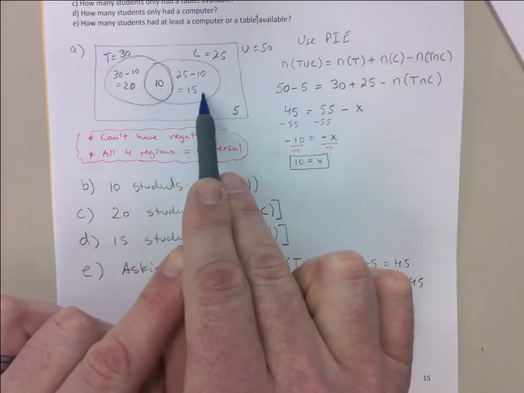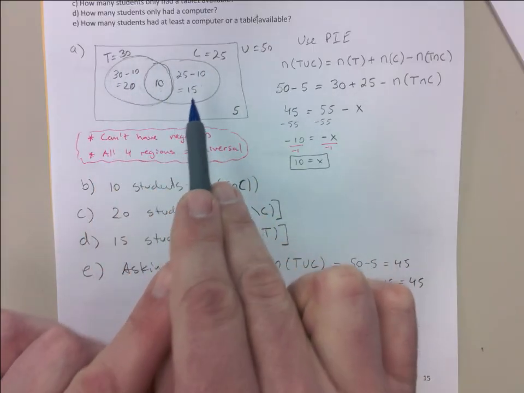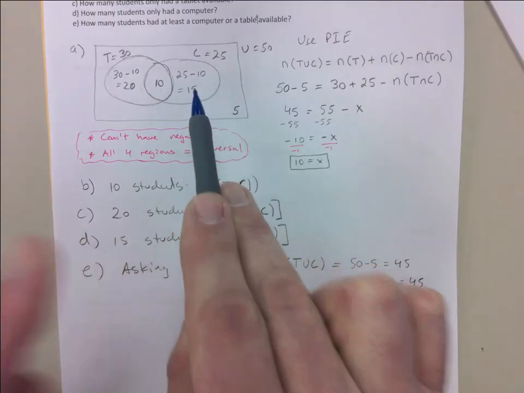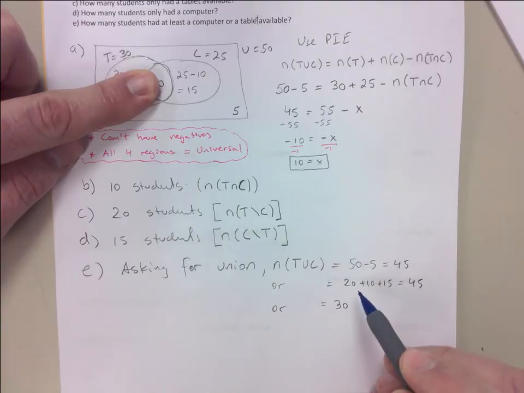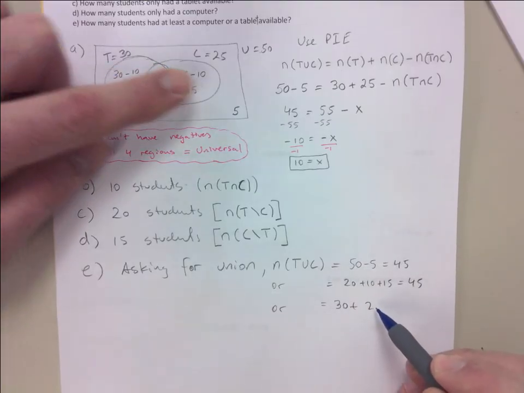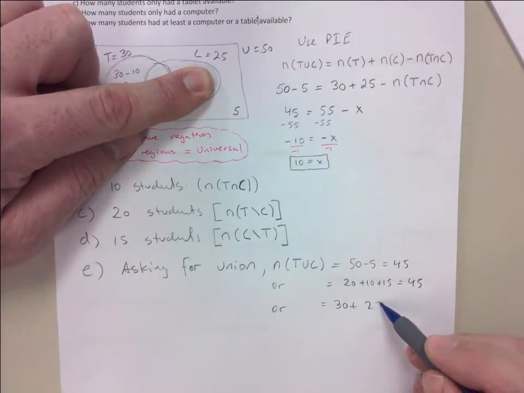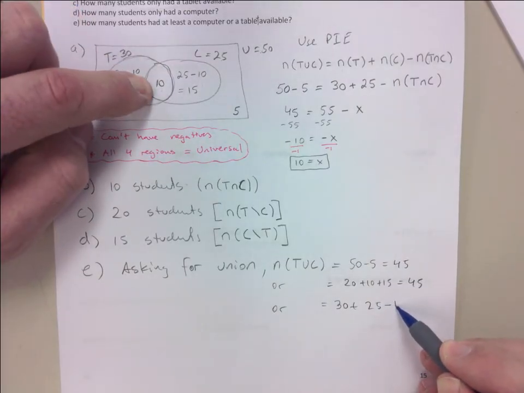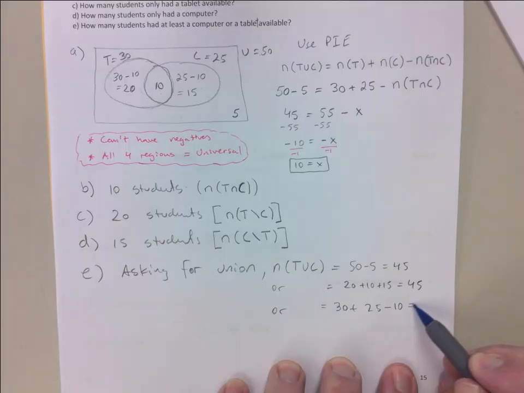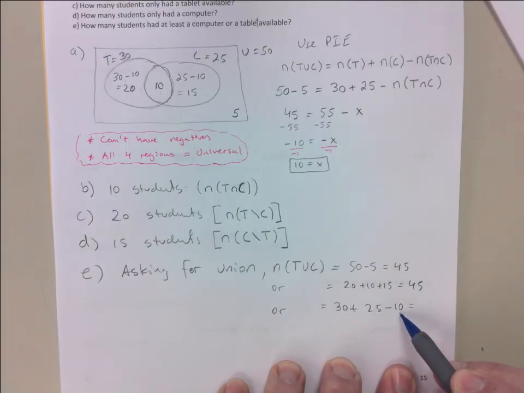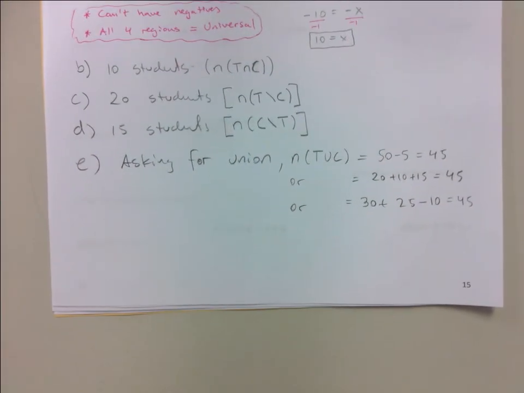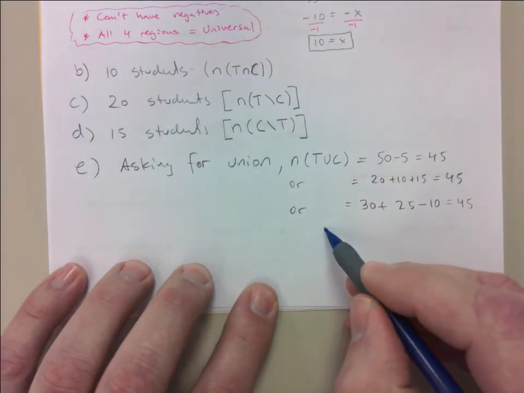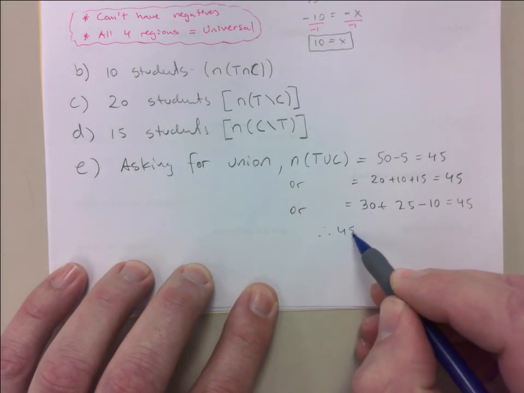There's 3, right, in the sets. That's also going to give you the union. And the last one is this one. Watch. 30 plus 25, all of C, minus the intersection. So 30 and 25 is 55, minus 10 is 45. So regardless of how you slice it, you get 45. So therefore, 45 students.